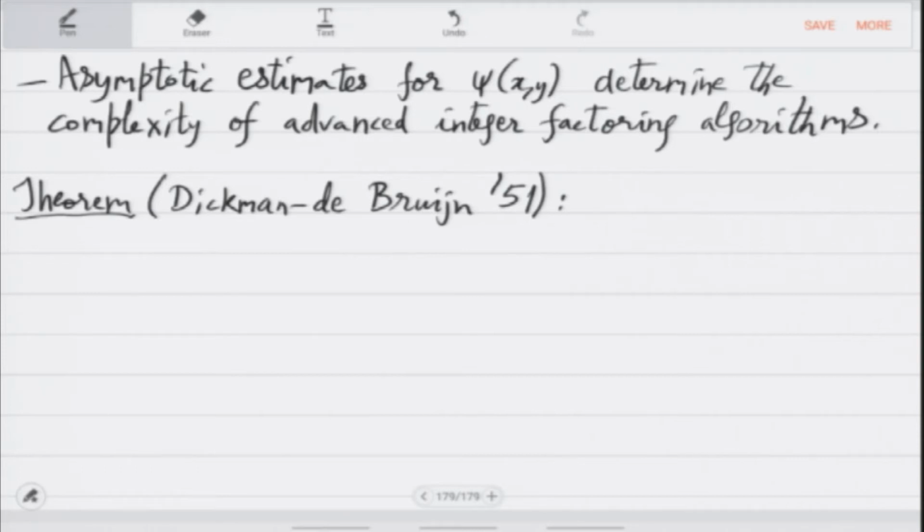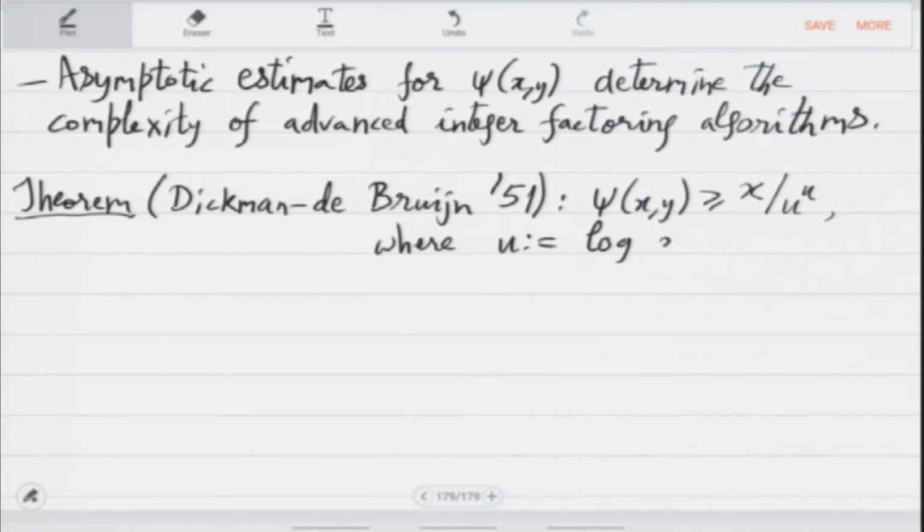It says that psi(x, y) is at least x divided by u to the u, where u is log x base y, which is the same as log x by log y.